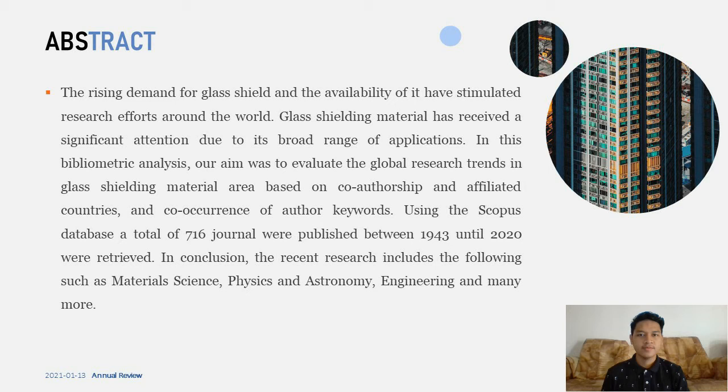Our aim was to evaluate the global research trends in glass shielding material area based on co-authorship and affiliated countries, and co-occurrence of author keywords. Using Scopus database, a total of 716 journals published between 1943 until 2020 were retrieved.